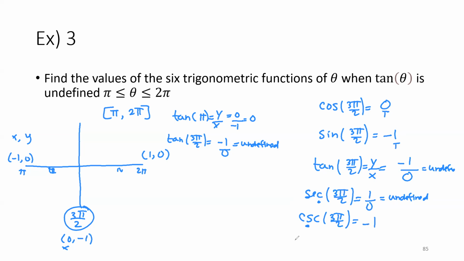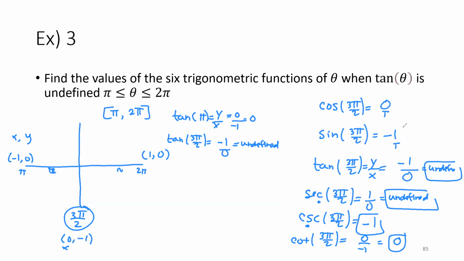And then finally, cotangent of 3 pi over 2 is the reciprocal of tan, so it's 0 over -1, which is 0. Okay, so let's stop here and then we'll do the other examples in another video.